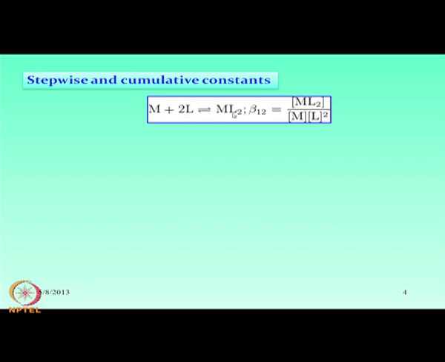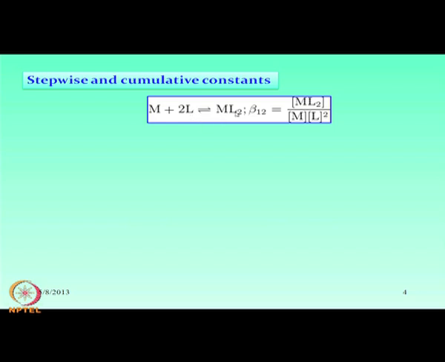So, M plus 2L can give rise to ML2, and we get the beta 1 step and the beta 1 2 step, that means both the steps are operating, and we have the corresponding cumulative constant, which is beta 1 2. It is the concentration of the final species which has been formed from ML, because this can also be written in the form of ML plus L.